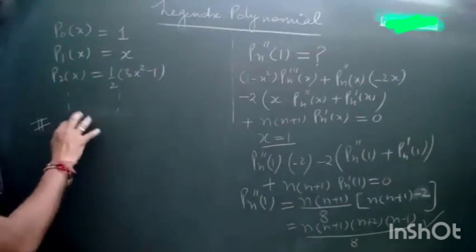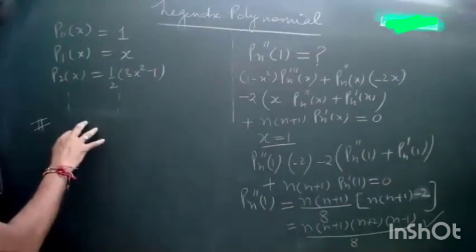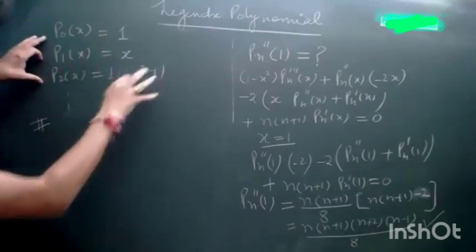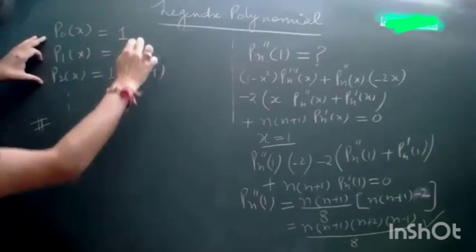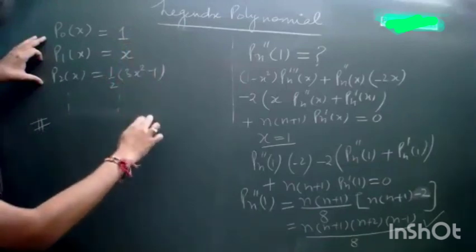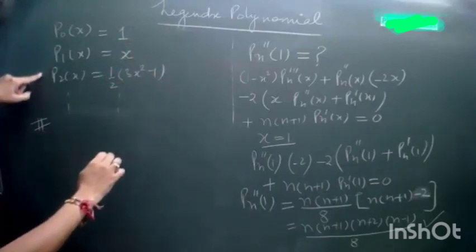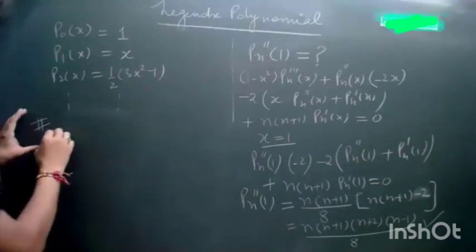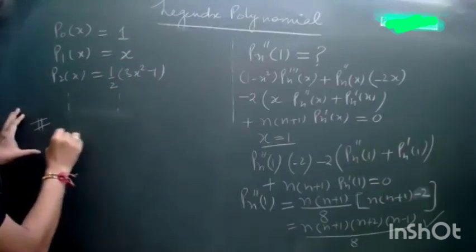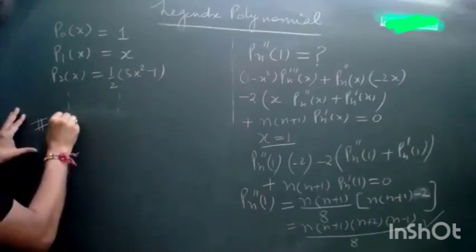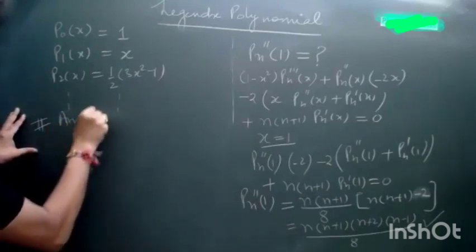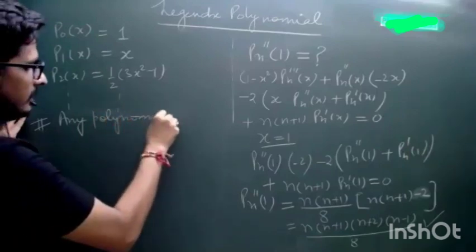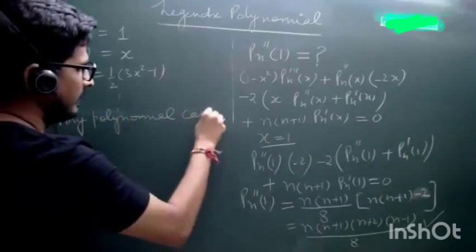Now please focus on what I am trying to tell you: you have polynomials representing different powers of x in the form of Legendre polynomials. Is this correct, na? So that's why I am giving you here that any polynomial can be written in the form of Legendre polynomials.